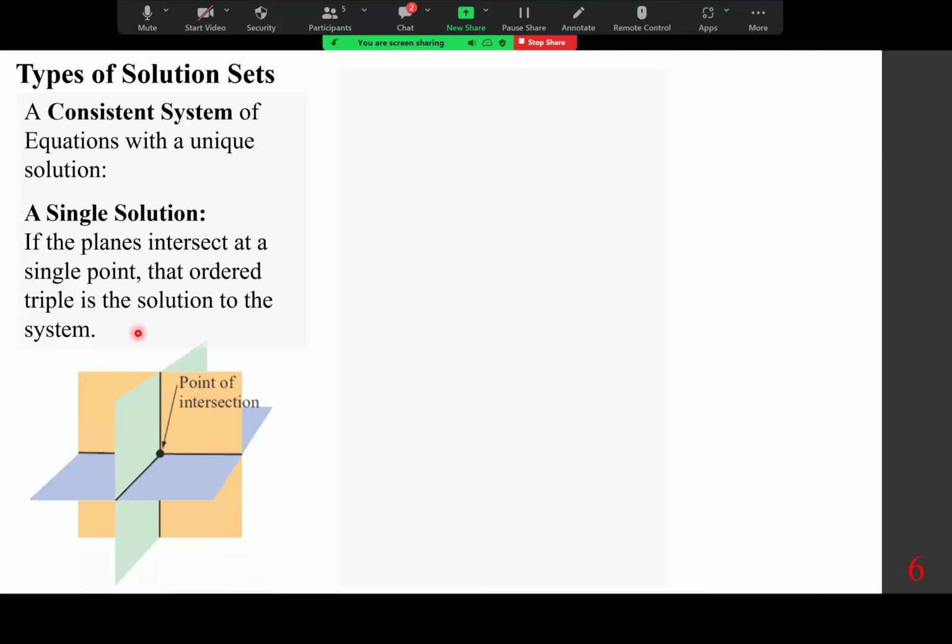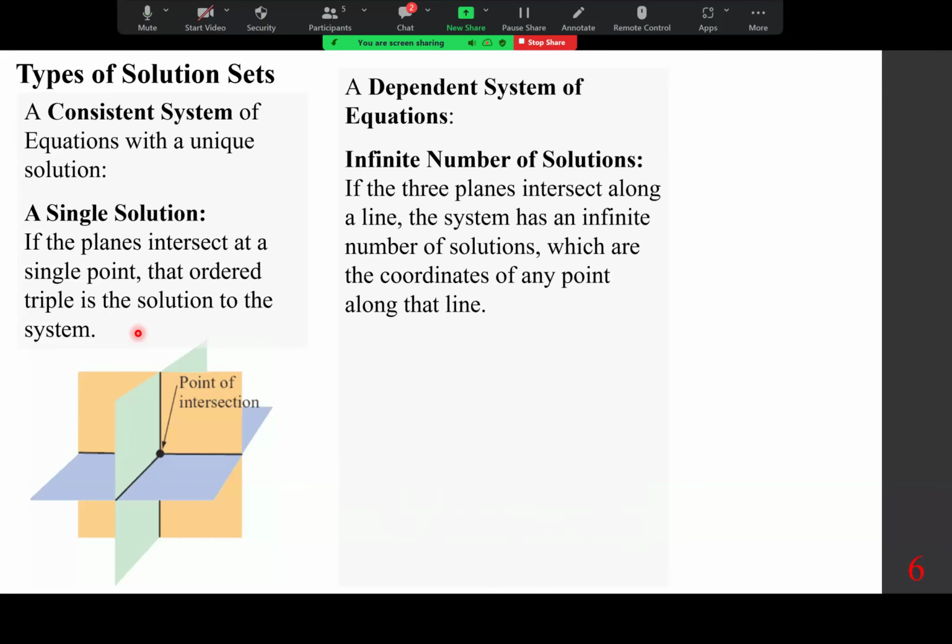Point of intersection as an example. An equation in 3 variables represents a plane.